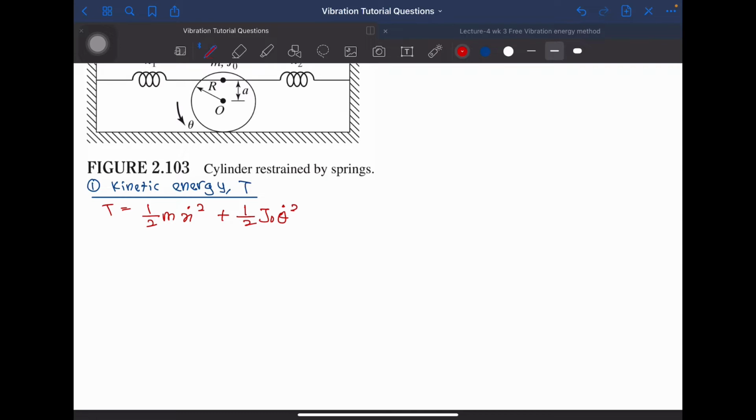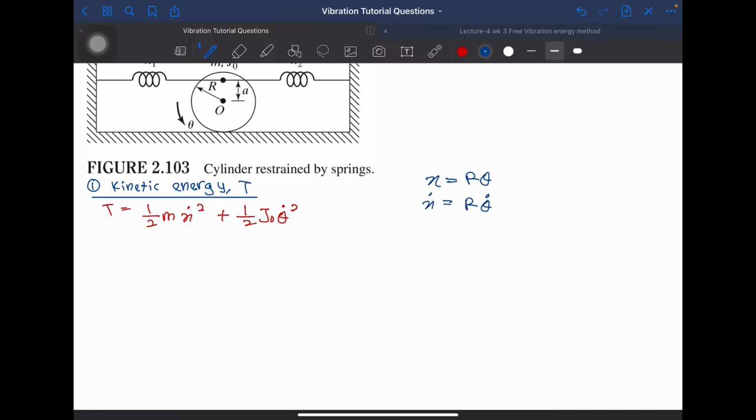You know that x equals r theta, right? The radius is the big R. So if I want to substitute x dot, I'll substitute r theta dot.